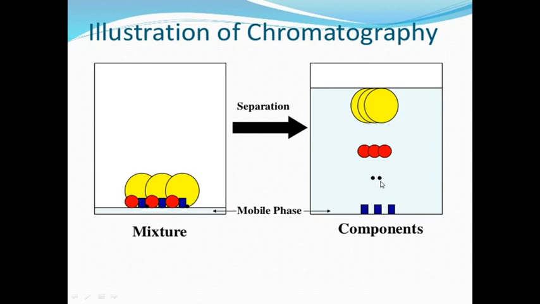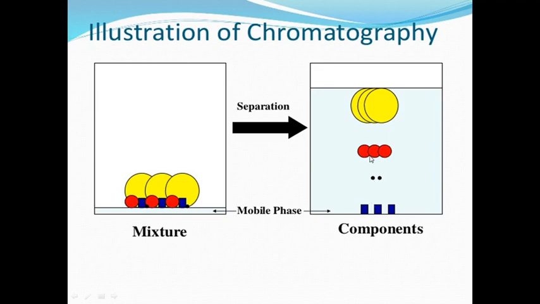So it indicates that these analytes have shown different affinities towards the different phases to different extents. This blue color has more affinity towards the stationary phase, so that's why it remains at the bottom. The black color shows somewhat less affinity toward the stationary phase compared to blue, and less affinity toward the mobile phase, that's why they travel this distance.